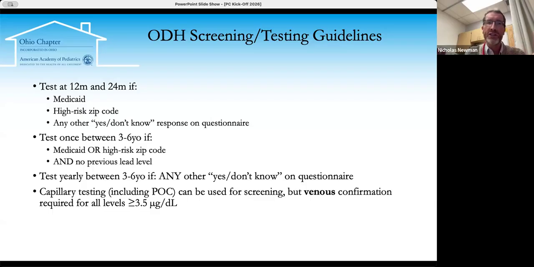And I would just say as a clinician, if you have some concern, like we get a lot of patients referred to us from other services within our hospital, GI or developmental peds or HEMONC or whatever, because they have a kid with pica. They're not checking the questionnaire. They're saying, you have a lot of pica, we're going to check your lead level, just make sure you don't get exposed to lead. So even if you end up with a no to some of these questions, or you're like, well, I don't know if I should test or not, if there's some clinical reason to test, go right ahead.